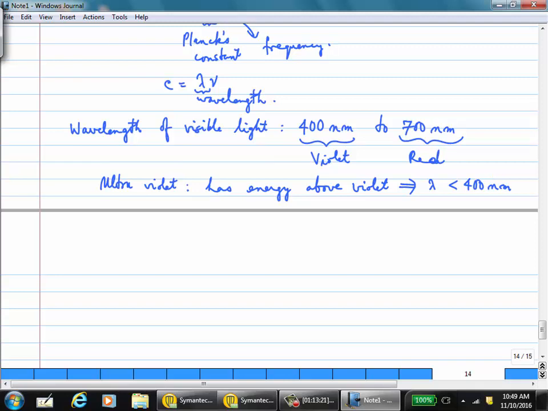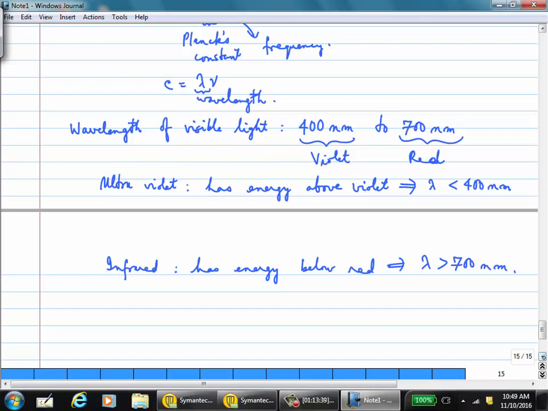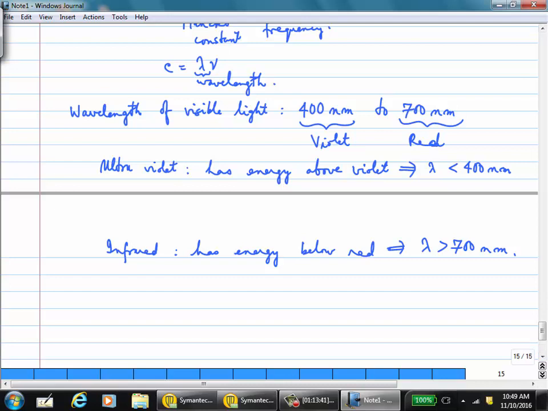All right, and similarly, infrared has energy below red, which means that the wavelength is going to be larger, so lambda is going to be greater than 700 nanometers.